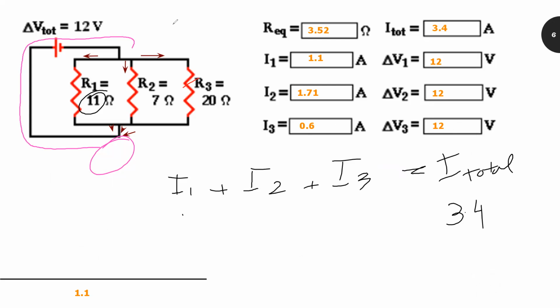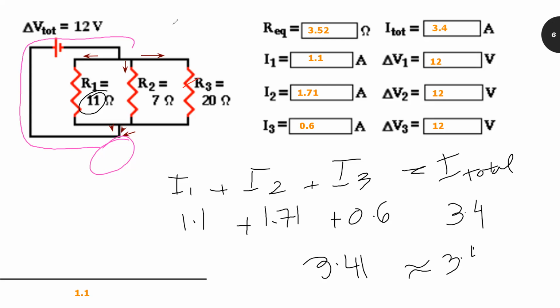I1 is 1.1, I2 is 1.71, and I3 is 0.6. Let's add them: 1.1 plus 1.71 plus 0.6, you will get 3.41, which is approximately 3.4.